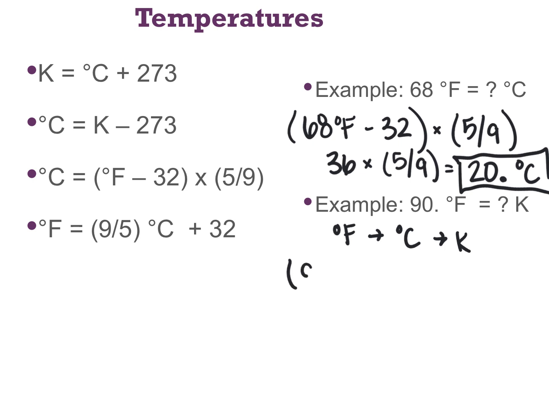So we're going to take our degrees Fahrenheit minus 32 times 5/9. Okay, and if you want to save time, you can just type it all in at once. So what are you getting from your calculator all at one time?